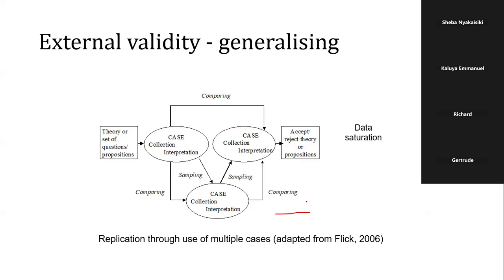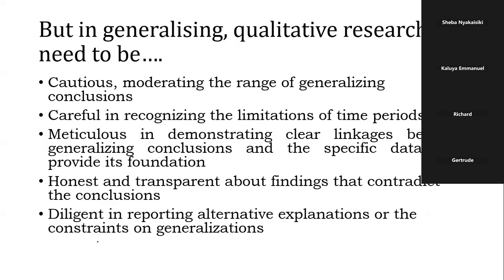So what is the purpose of external validation? The purpose is replication. When research is being done, remember I told you about a study that was done some years back where it was claimed that homosexuality is a result of DNA.